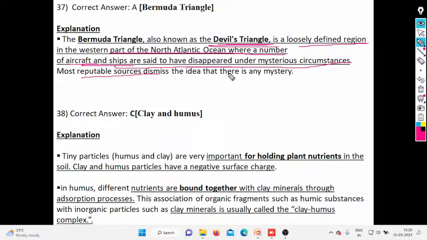Most reputable sources dismiss the idea that there is any mystery.